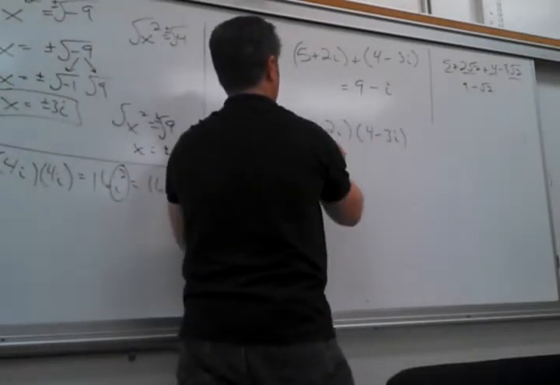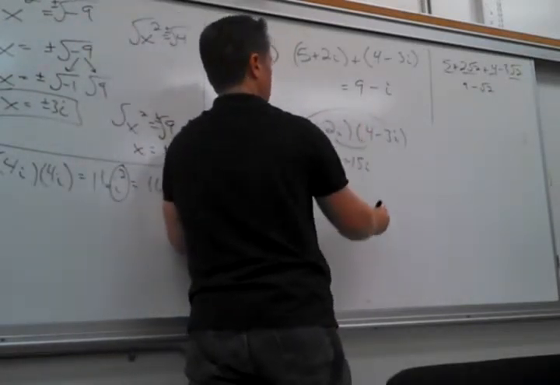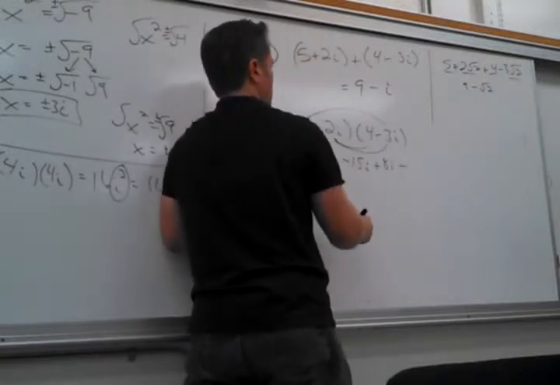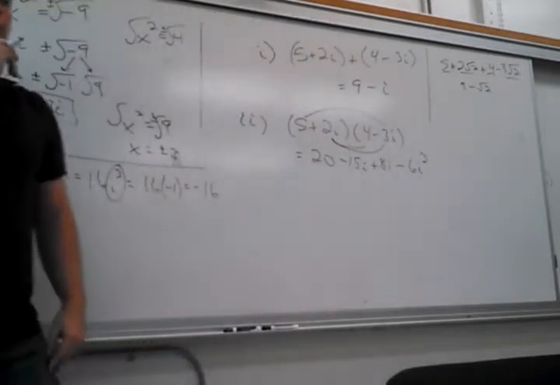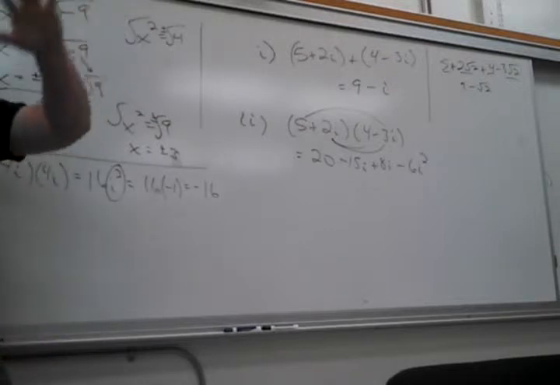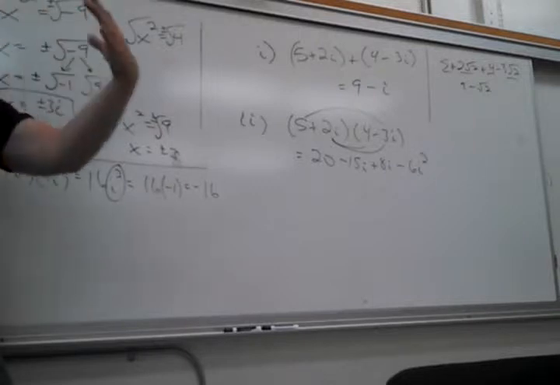So you get 20 minus 5i plus 8i minus 6i squared. Good, minus 6i squared, which is just 6 times -1. Beautiful, right? So your first step is you don't even worry that it's weird. You say it's a variable i. Whoop-de-doo, right? You just multiply it out.